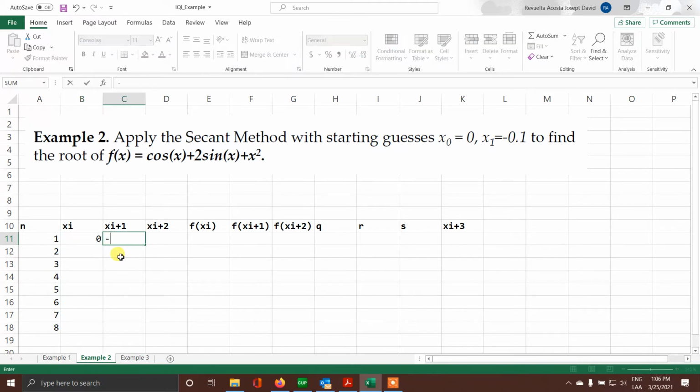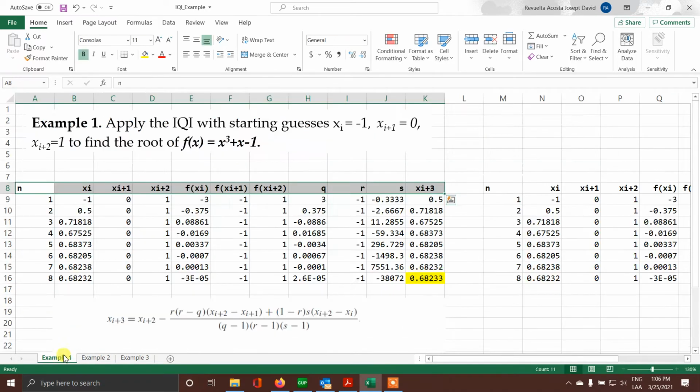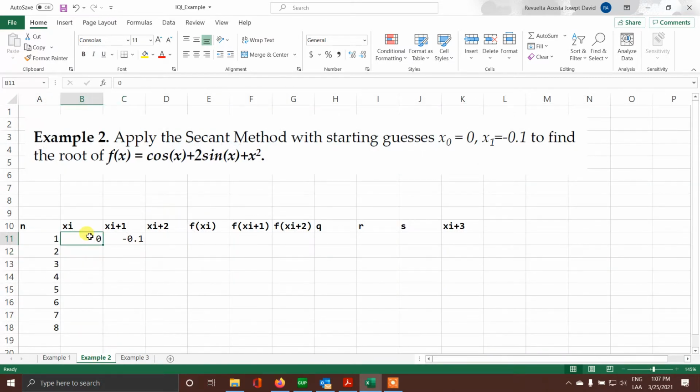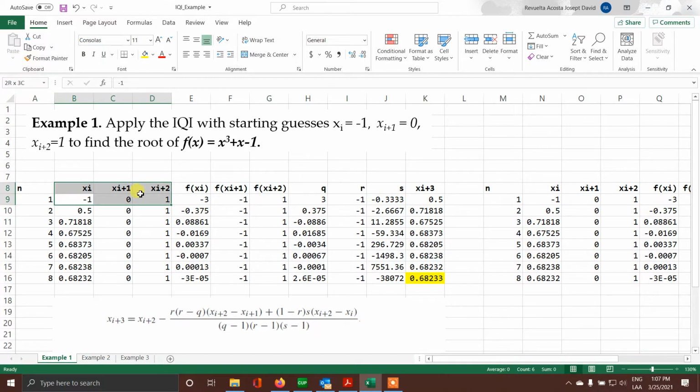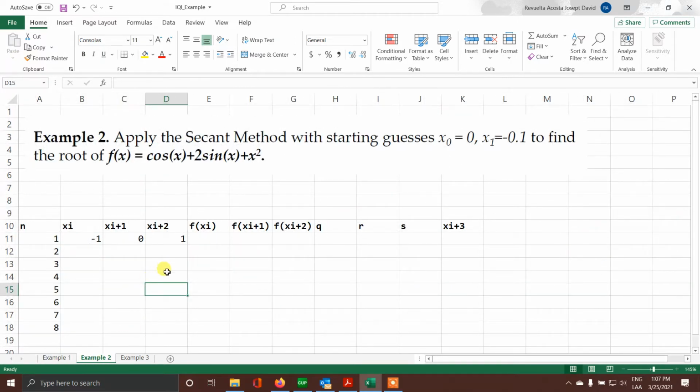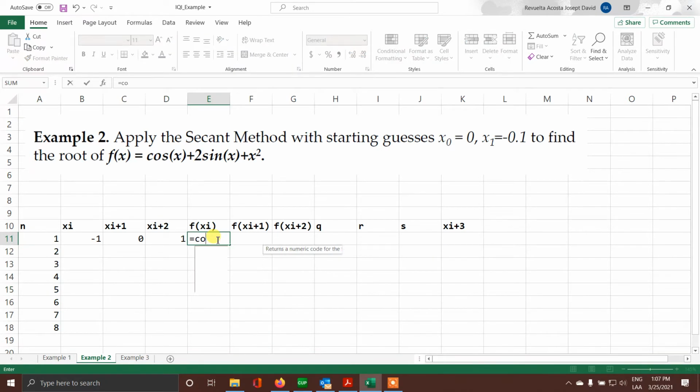Same thing. So we already know that this is equal to, I'm going to make it a little bit easier, faster, sorry, the cosine of this one plus 2 times the sine of this one plus this one squared, right?